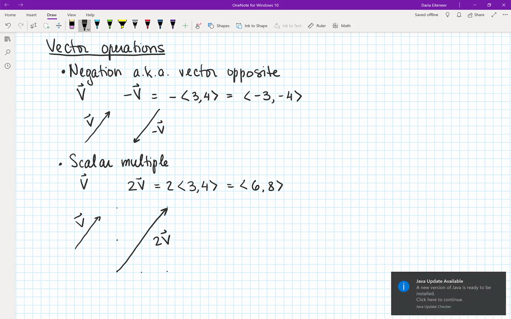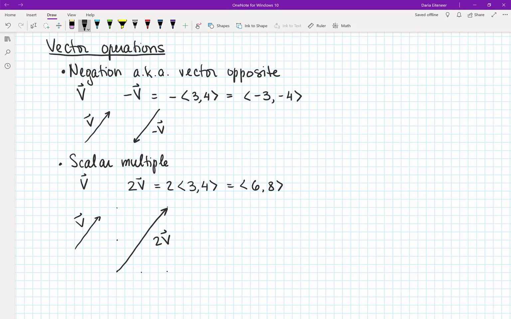You can combine negation and scalar multiple. For example, you could make something like -3v. Algebraically, I would distribute the -3 into both components, like this. I already have my vector v, and I'm just going to count squares here.